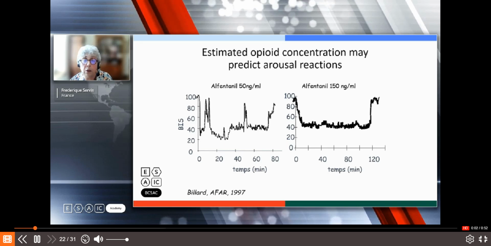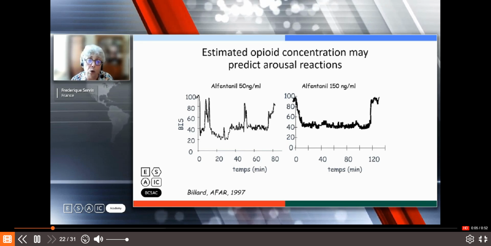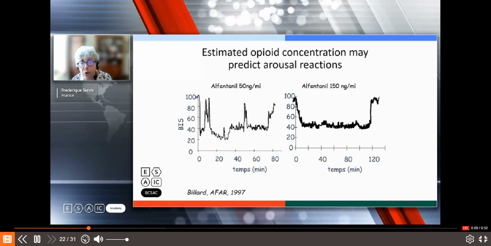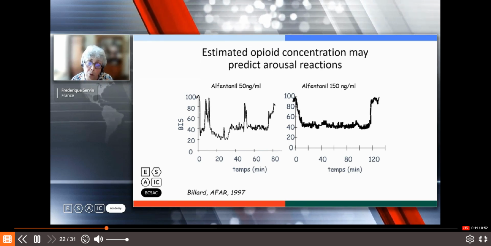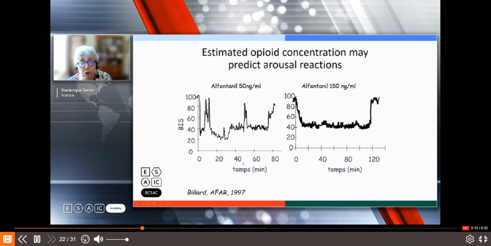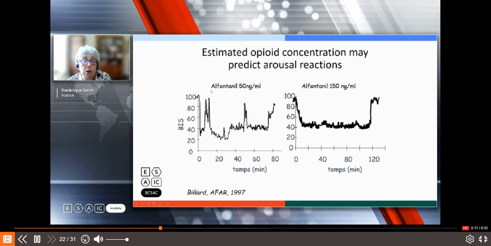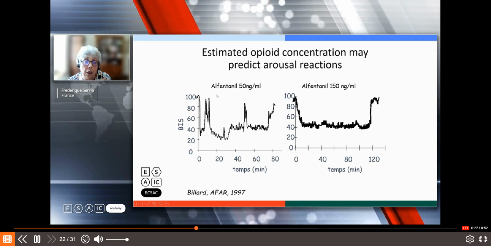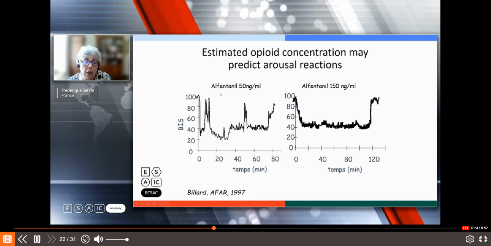Another way to estimate opioid concentration is to look at arousal reaction. If you give a painful stimulus to a patient who is unconscious, you will have brutal, important increases in the base, for example, and cortical EEG arousal reaction.